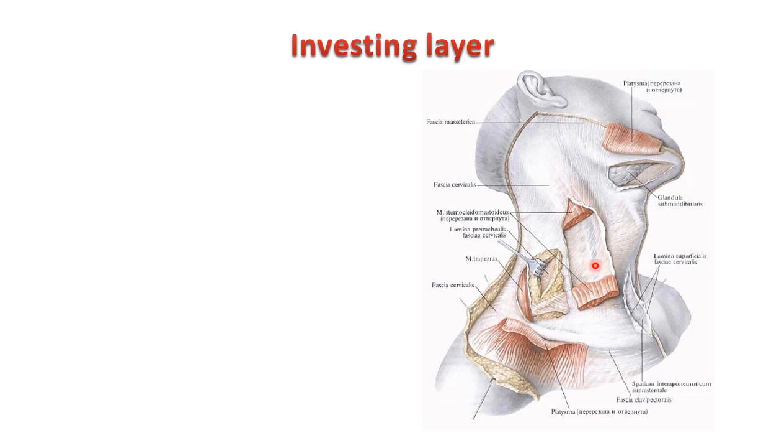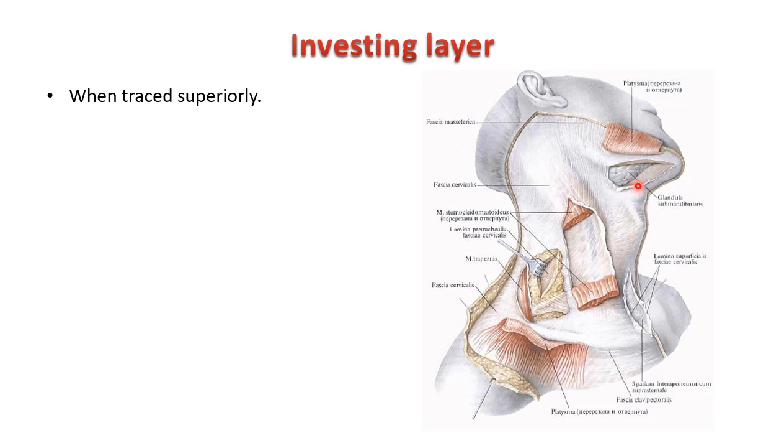Now if you trace the fascia above, horizontally we have traced, you are able to see it split to enclose the sternocleidomastoid and more posteriorly the trapezius muscle. When traced superiorly, as I have already told you, it is attached to the lower border of the mandible.